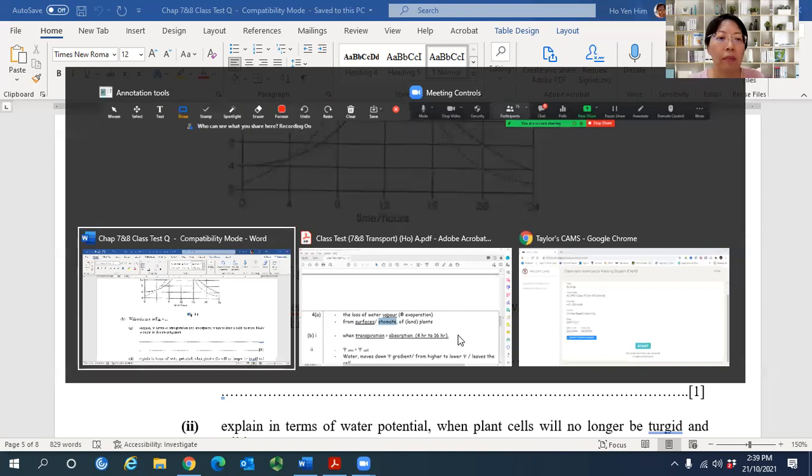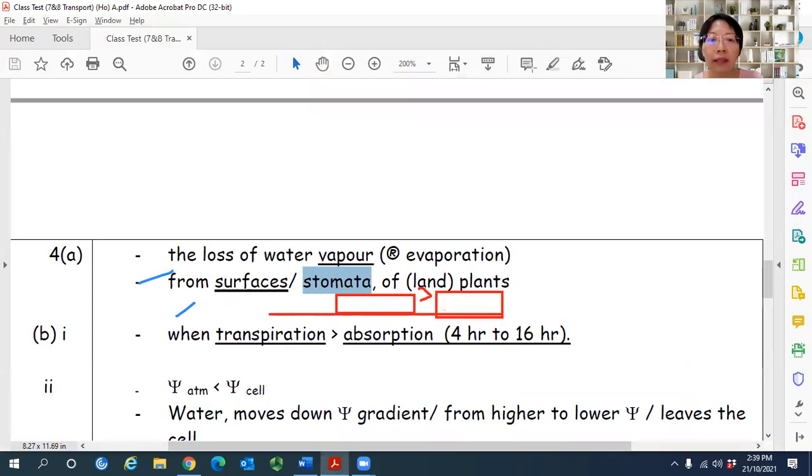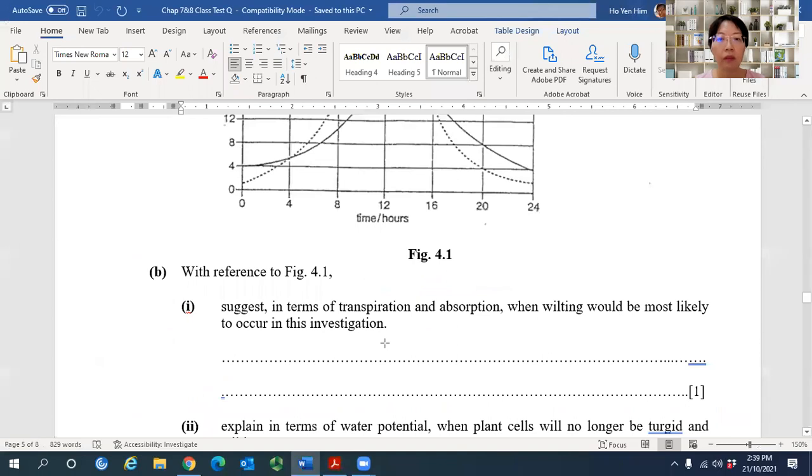Okay, let's look at the mark scheme. The answer is when transpiration is higher than absorption. That's the answer, because the question asked for the student to answer in terms of transpiration and absorption. From the graph, it is between 4 hours to 16 hours, but if you write this, you don't get the mark. Let's check, is it true from 4 to 16 hours?